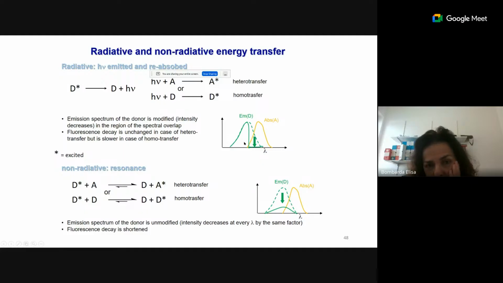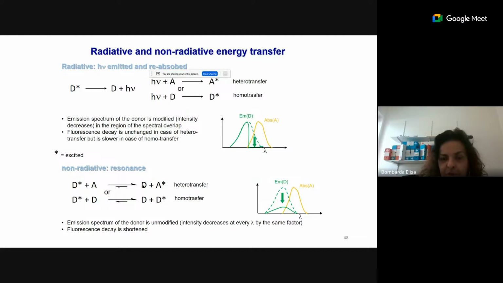In case of non-radiative resonance, instead, this spectral modification is not observed. But what is observed is a decrease of the donor emission, because due to the resonance, the concentration of the emitting donor is decreased, because it goes back to the ground state, and so it's no more excited, but goes back to the ground state without emitting a photon.